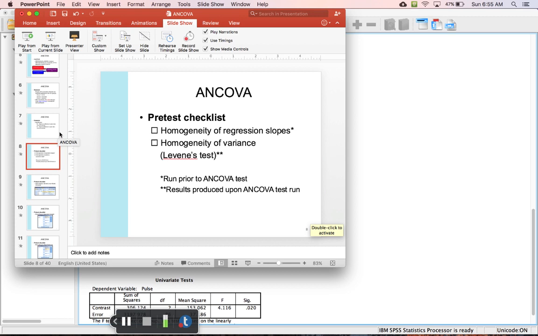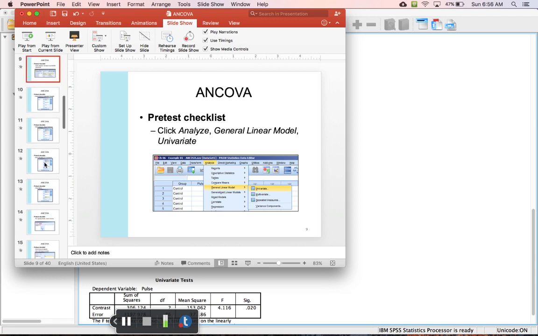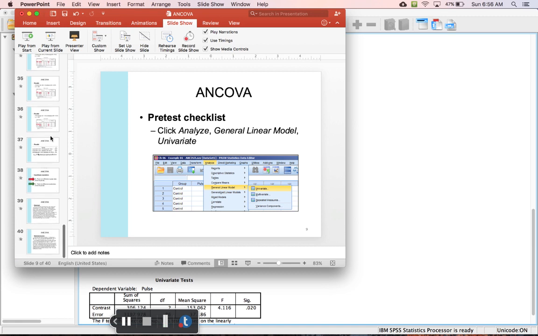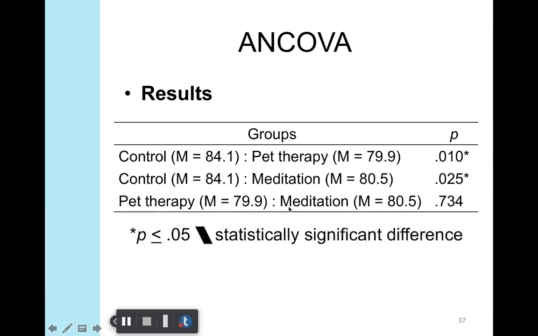I'm going to scroll down through my slides, because these do have the step-by-step procedures on how to complete the ANCOVA analysis. This slide shows the differences between the groups.